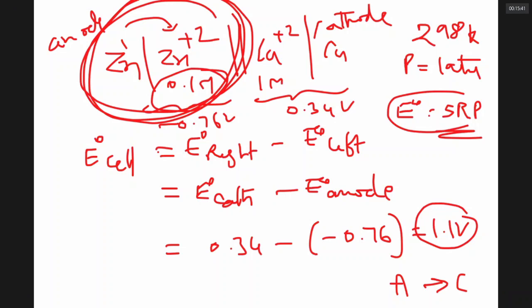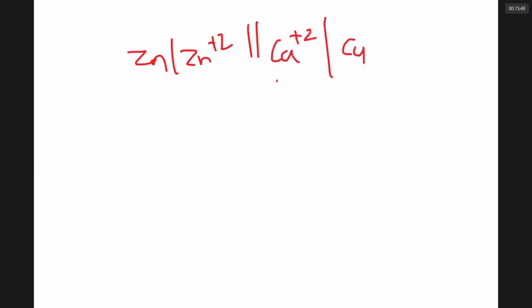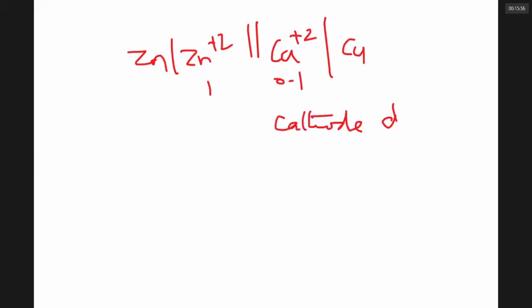Suppose I construct a cell like this: Zn by Zn plus 2, salt bridge, Cu plus 2 by Cu. I make it 0.1, I make it 1. So now in the cathode compartment, I am decreasing the concentration by 10 times. What happens?